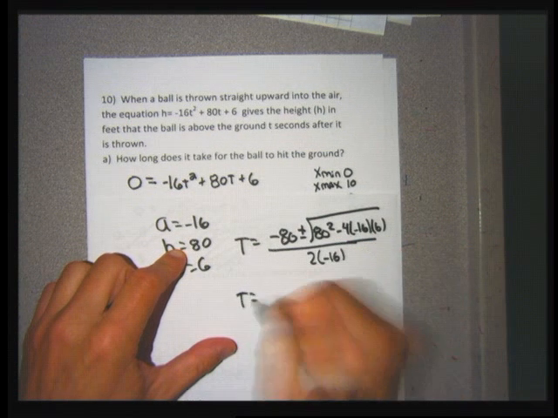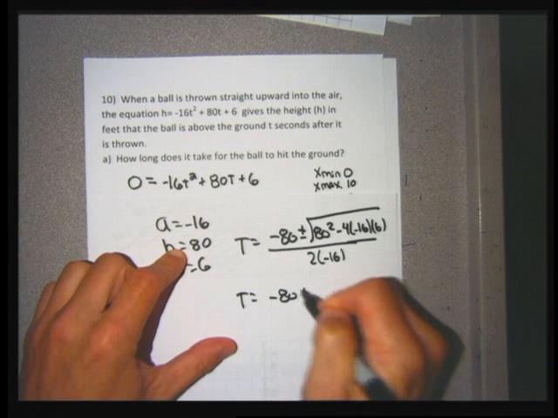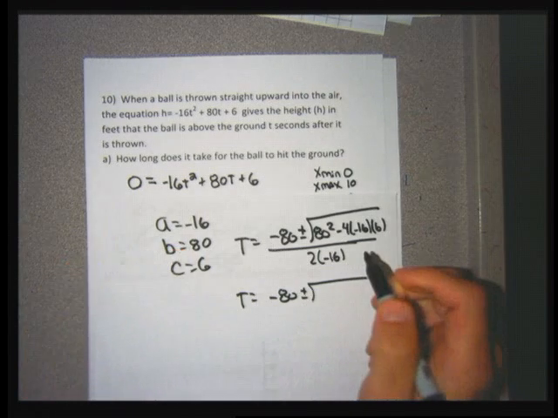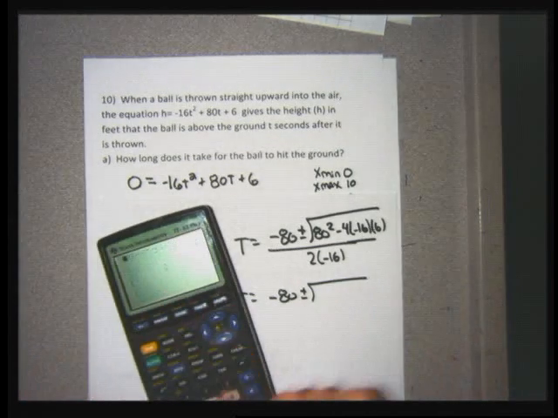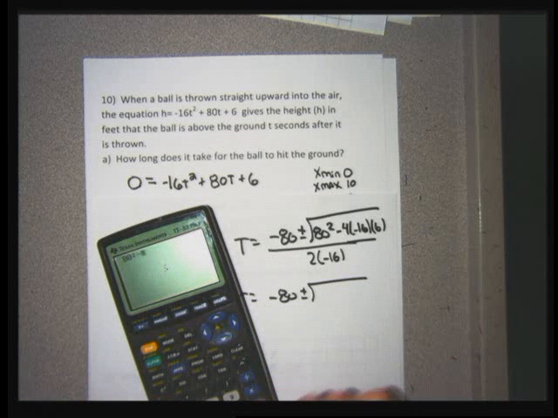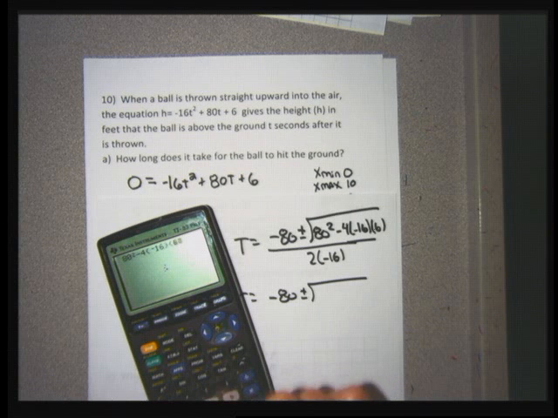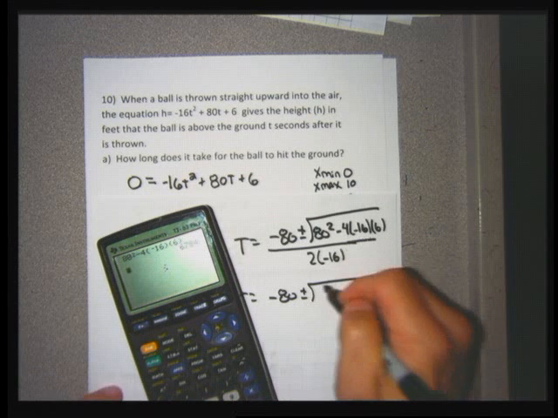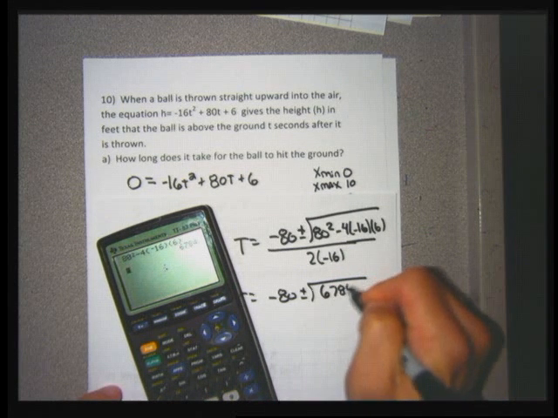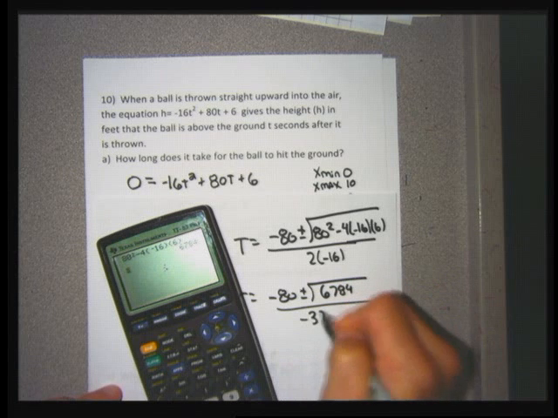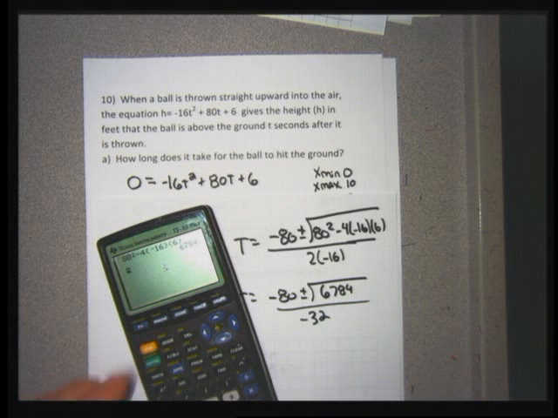Under the square root I get 80 squared minus 4 times negative 16 times 6, which should give me 6784, over negative 32.